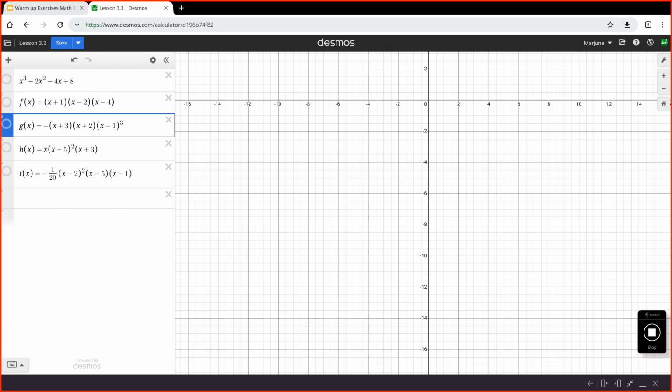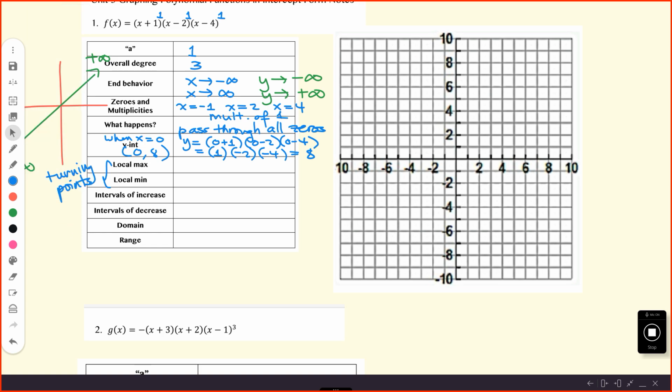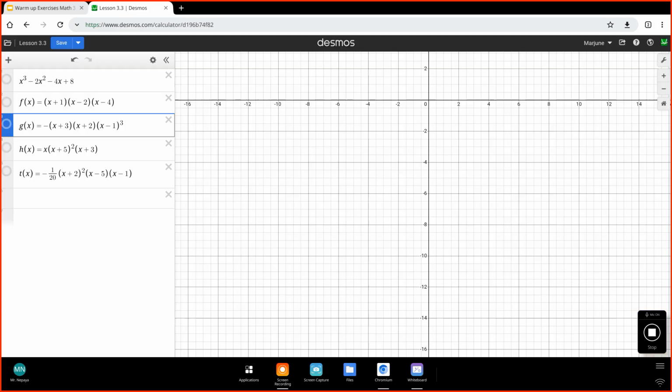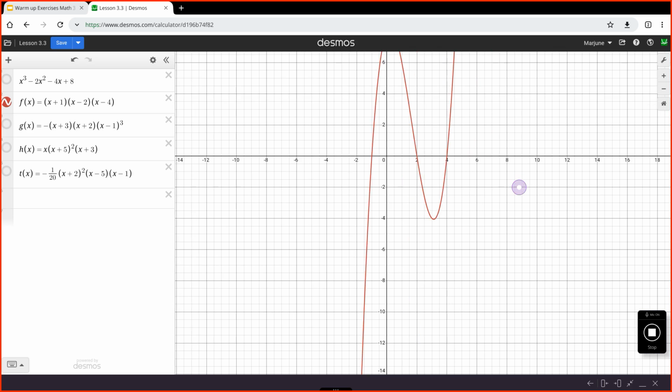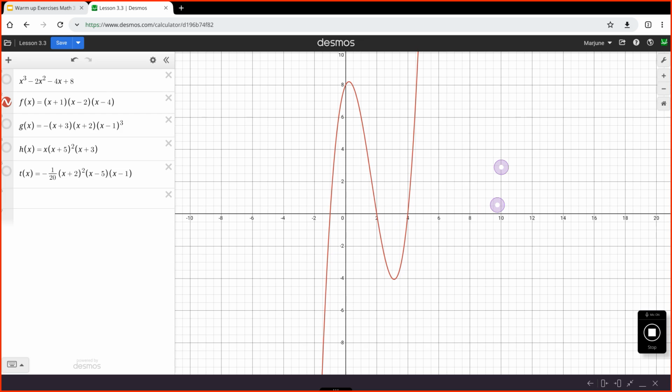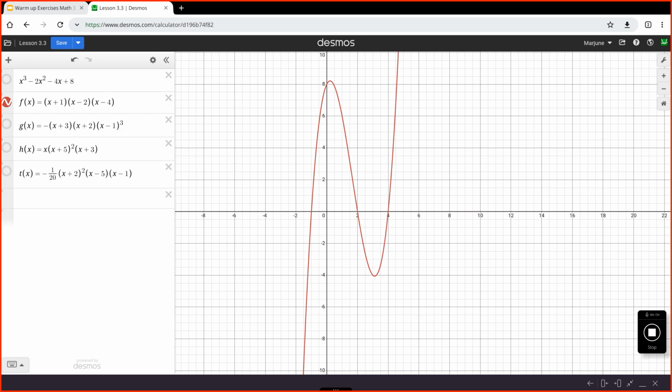Here. Oh, so we can have the graph from this part. Okay. Wait, so get out your computer. Okay, so this is how the graph looks, right? So we're just going to find the turning points.